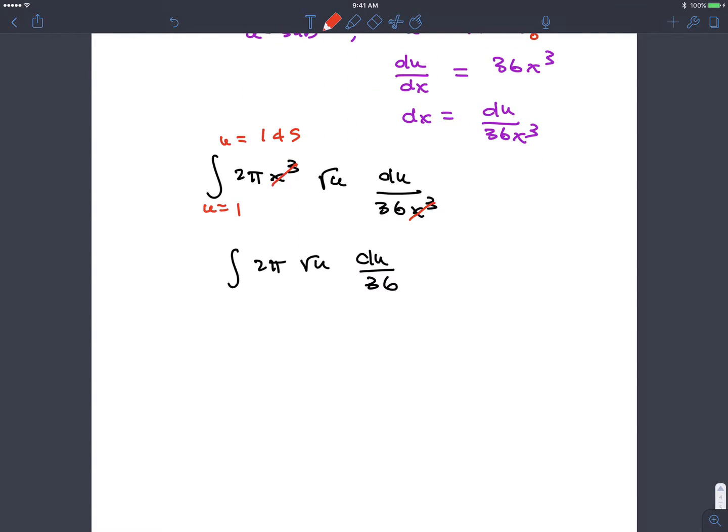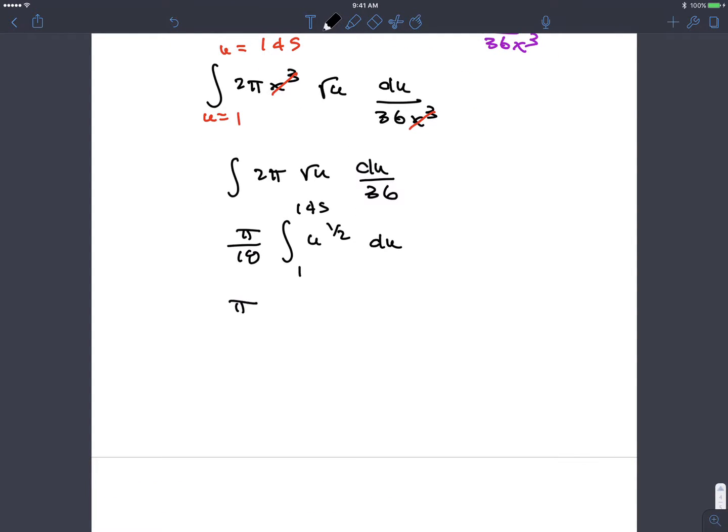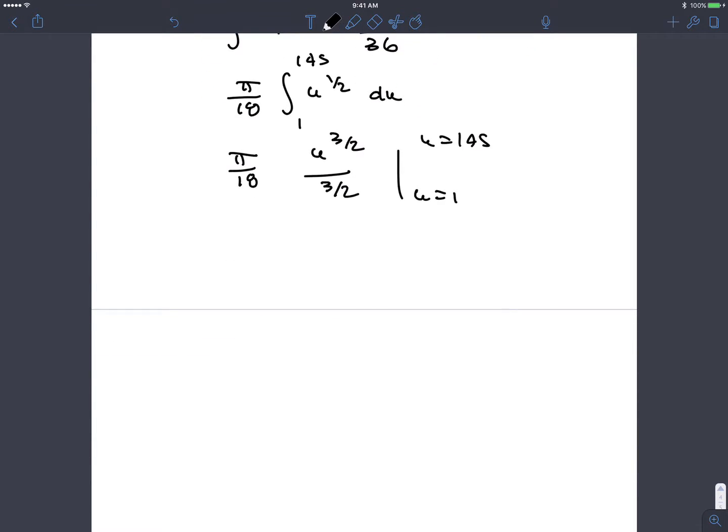Okay. Now we get what? Pi over 18 integral u to the 1/2 du from 1 to 145. So this integral, pi over 18 u to the 3/2 over that 3/2, u is 1, u is 145. Pi over 18 times 2/3 u to the 3/2, u is 1, u is 145.